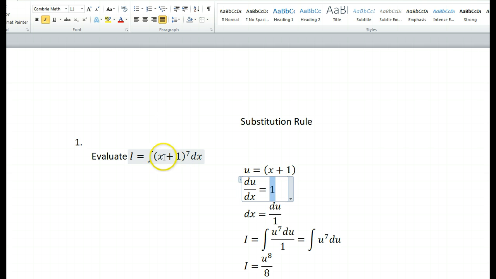Now if you plug in u into the integral here, you get u to the power 7, right? And is there a leftover part? No, there is no leftover part. So you can think of the leftover part as a number, or 1 really. Because you got 1 here, that means the derivative of the u substitution is equal to the leftover part. Now suppose you got 5 here, still it's okay because 5 is a constant.